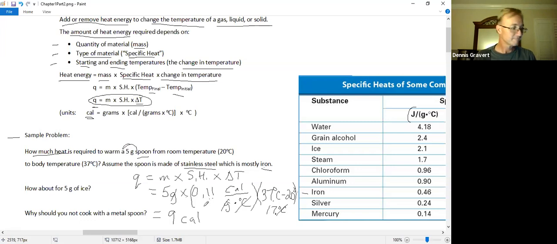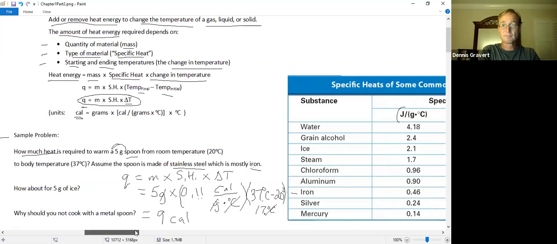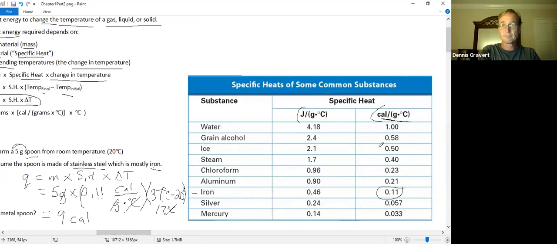Cool. Darn, I'm looking at the time. I don't have enough time. You repeat the calculation for ice. You're going to use a different conversion factor, that's all. And what you're going to see is, because the conversion factor is 0.5 versus 0.1, it's greater.